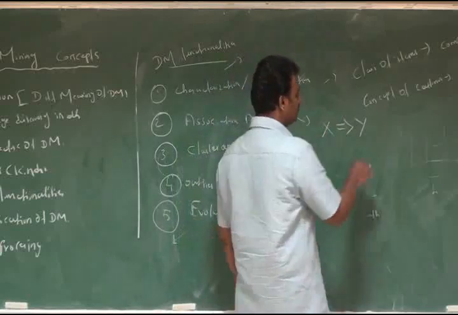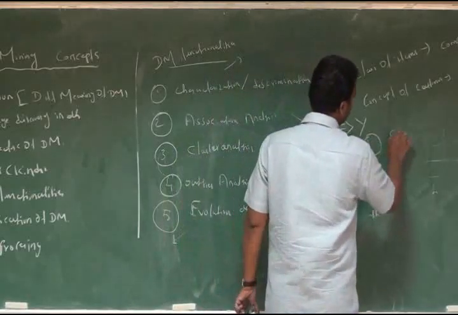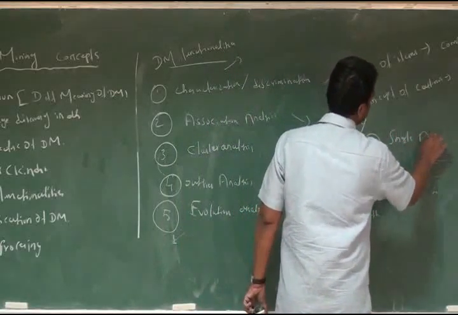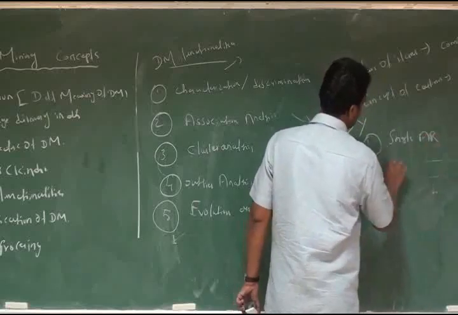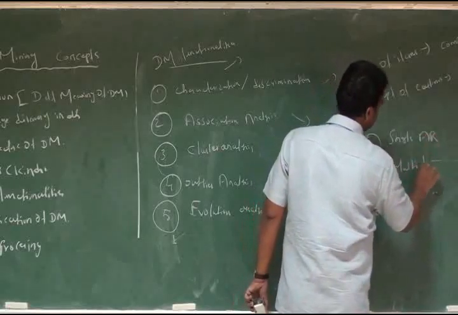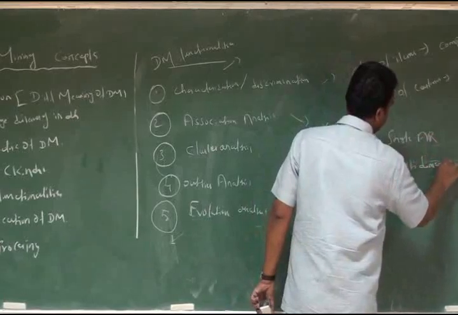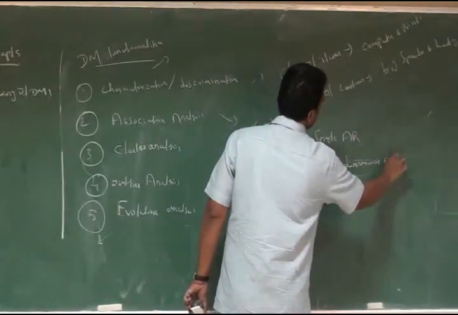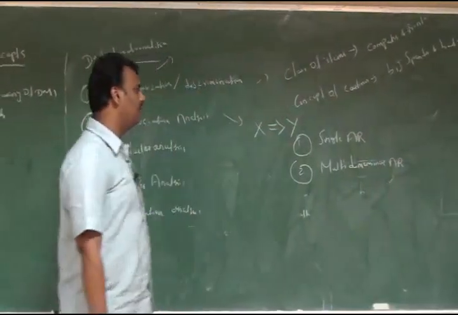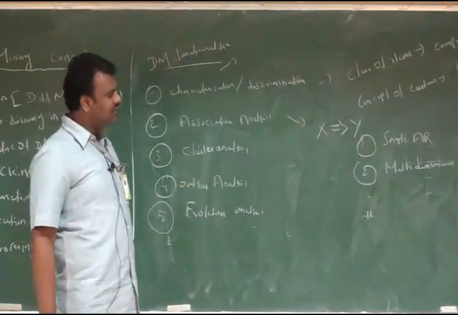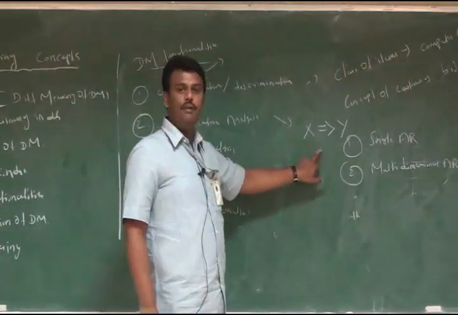There are two types of association rules. The first is the single association rule. The second is the multi-dimensional association rule. What do you mean by single association rule? An association rule that contains only one predicate.